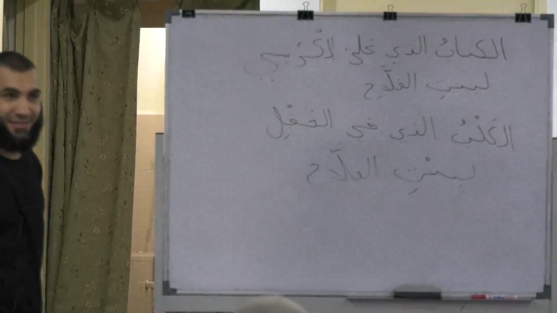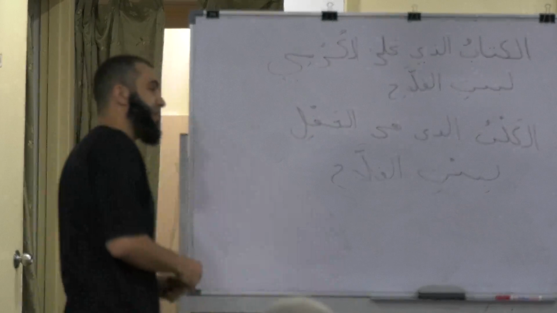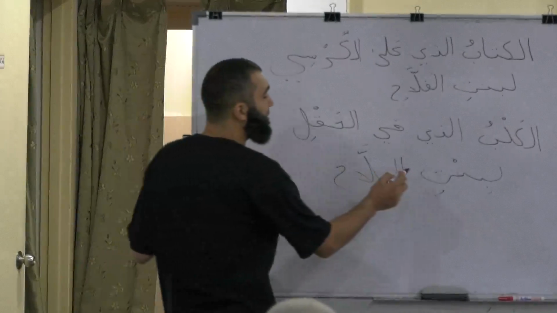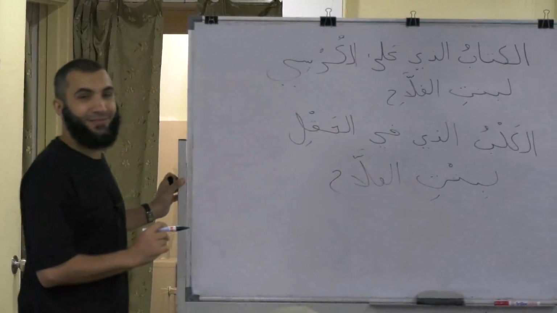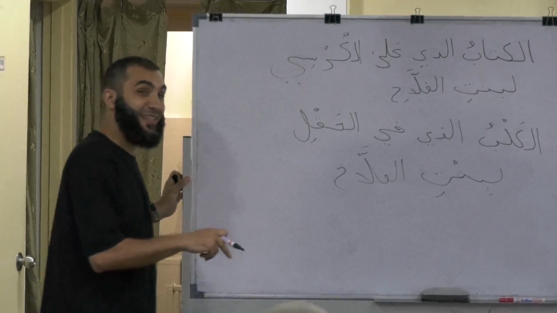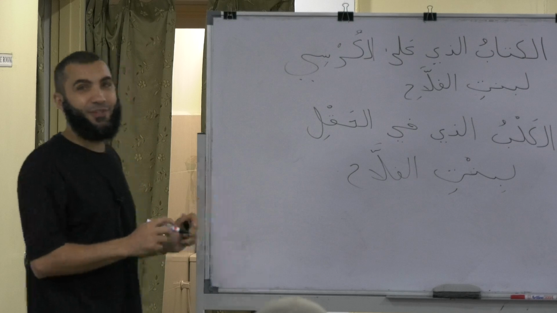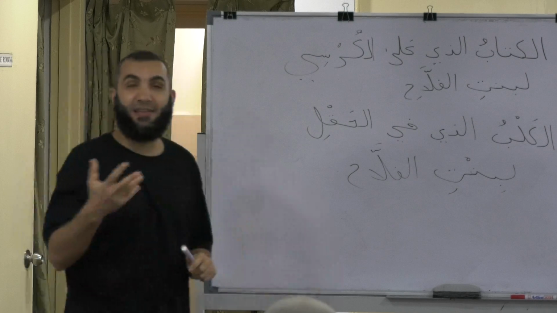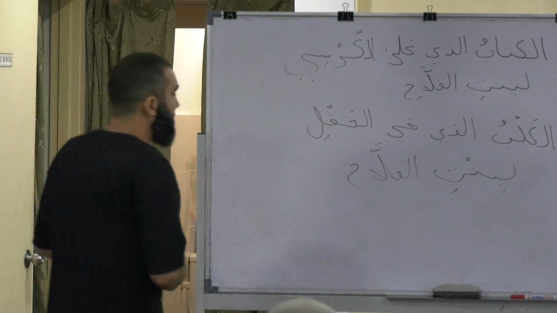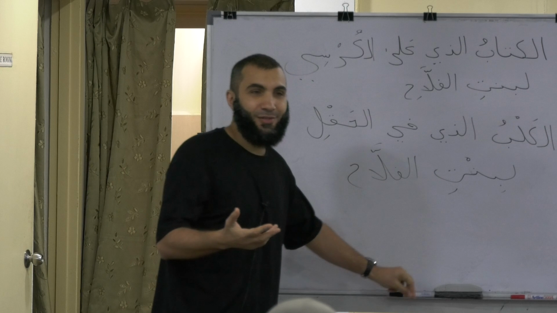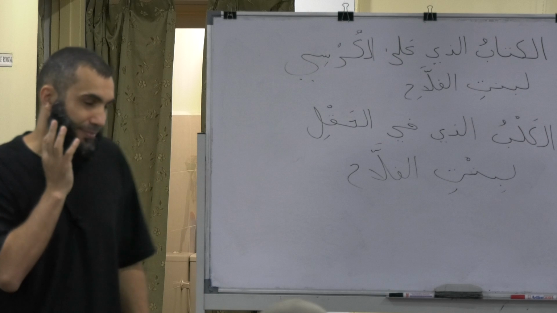If we said instead of لبنت الفلاح, if we said لبنت فلاح, the meaning is different. بنت فلاح becomes nakira. Like what we said before, it becomes unspecified. It belongs to a daughter of a farmer. Okay.